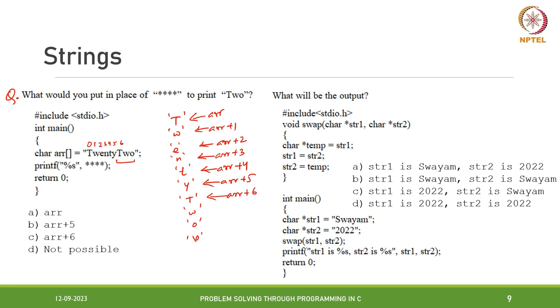Here you need to print only 2. If you write ARR here, it will print starting from there itself, so it will print entirely 22. Now you want only 2 to be printed, so you need to move to the seventh element, that is ARR plus 6. If you point it here, it will start printing from here. It will print T, W and O, and it will terminate at the null character. So ARR plus 6.